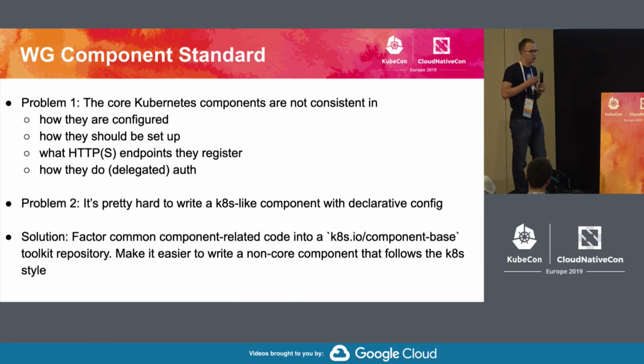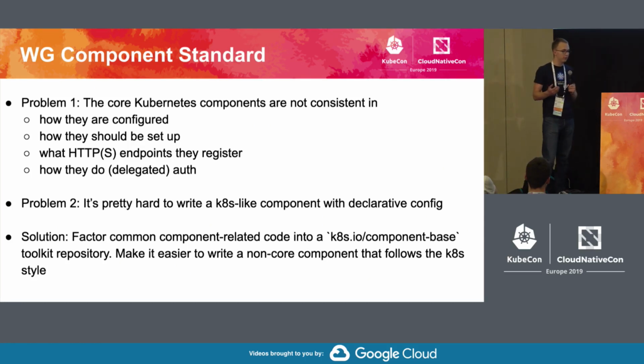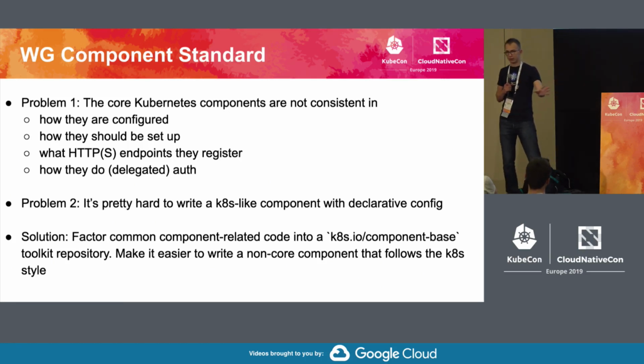Like, I want to function as the API server, and that's not that straightforward. Or I want to function as the controller manager. That's not so easy as you would maybe expect. So that's why we started a workgroup, Component Standard, which focuses on these two things, but also on component config, because, as I said, managing with flags is not really viable over time. So we're trying to do everything with declarative configuration.